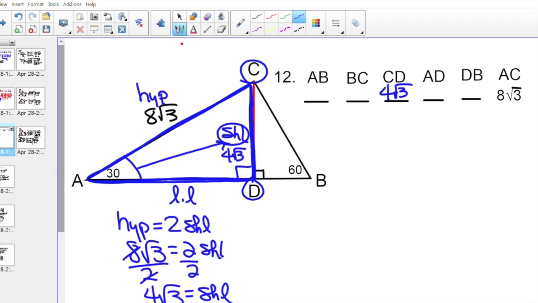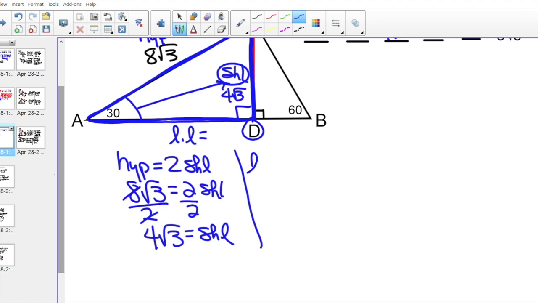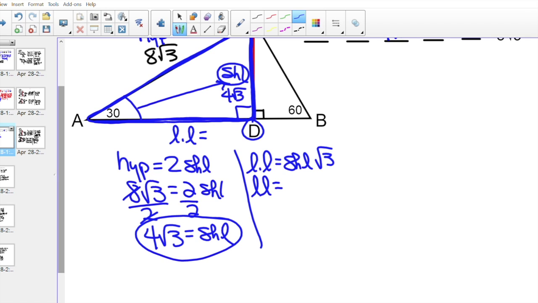Now let's find the longer leg. Well, we know, we are sharp, we've learned it by now. The longer leg is equal to the shorter leg times the square root of 3. So the longer leg is equal to, now the shorter leg is down here, and that's 4 on the square root of 3 times the square root of 3. But again, as I had said earlier, we have got to know how to multiply radicals.